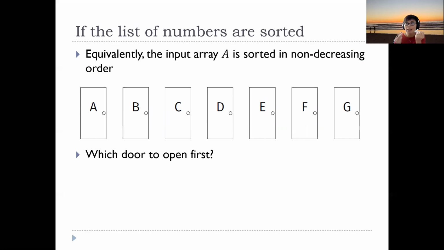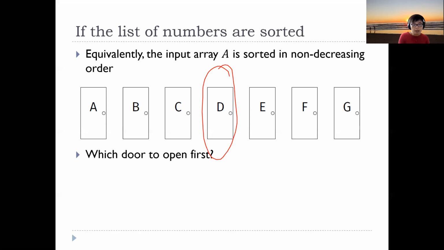So in either case, I remove one portion. In order for me to remove the maximum possible, I should pick the middle door. So in this case, I should pick the 4th door. Why? In this case, I remove either the left, which has half, or the right, which also has half. So I can guarantee that I'm going to remove half of the doors, eliminating the need to check them.